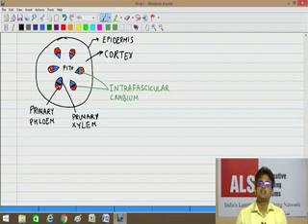It's called de-differentiation. I told you there are three terms: differentiation, de-differentiation and re-differentiation. Do you remember? Yes or no? Nobody remembers. I think I taught you this.